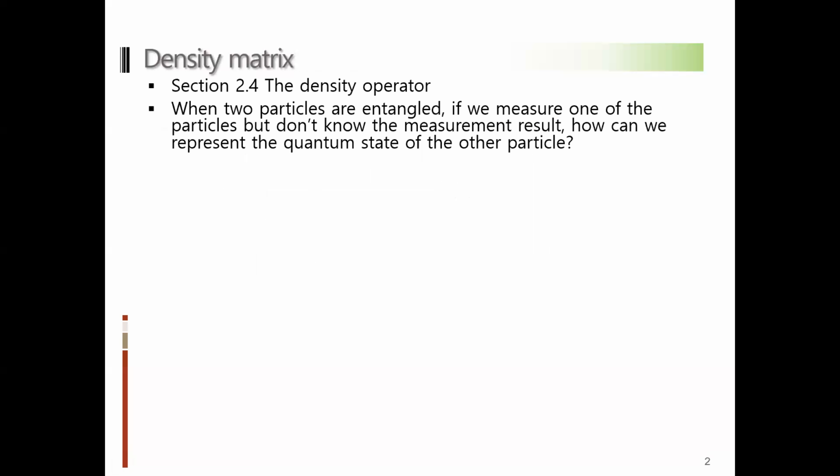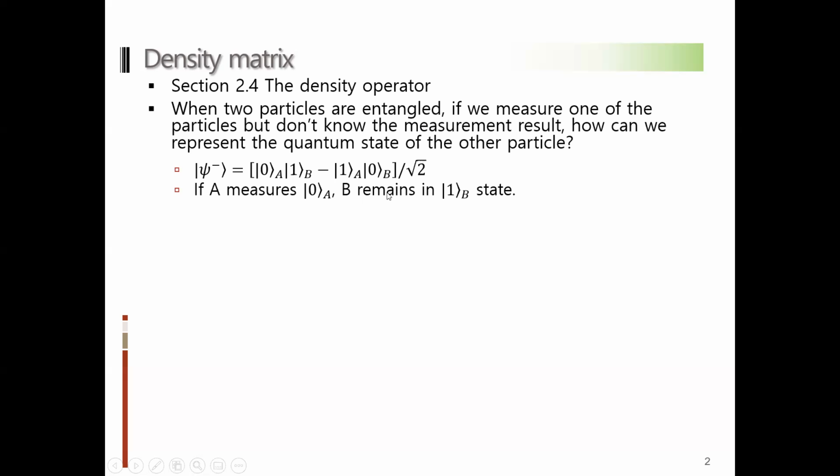As I mentioned, I already gave you an example of two particles entangled, but they are far away, and in principle Alice cannot know what is happening with Bob, and Bob also cannot know what happens with Alice.